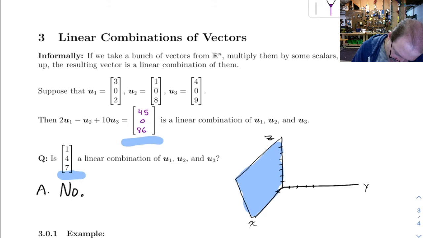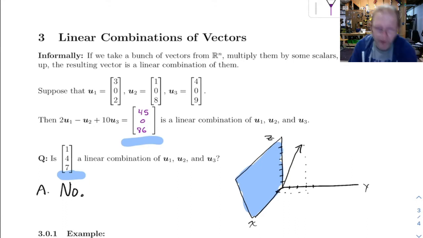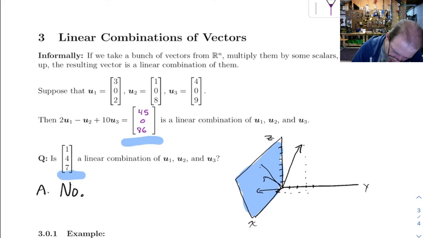So x would be 1, y would be 4 steps parallel to the y-axis, and then 7 steps parallel to the z-axis. So we're looking at a vector that points up there, and that's outside of the xz plane. So there's no way you can get that from adding up vectors that all are stuck inside of here, whatever they look like.